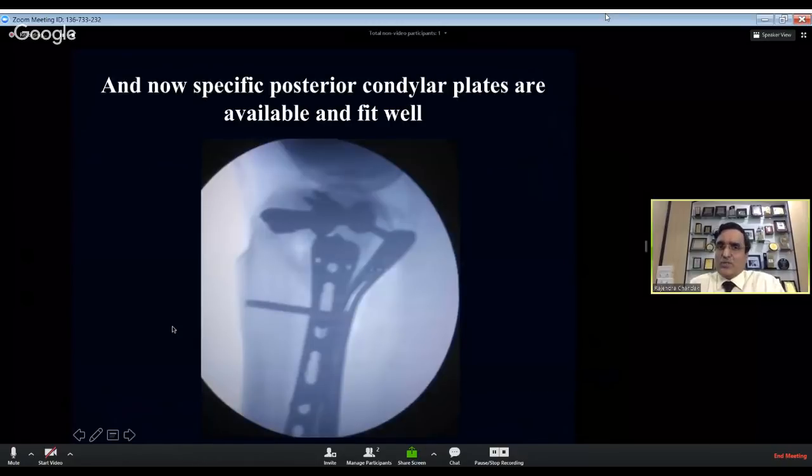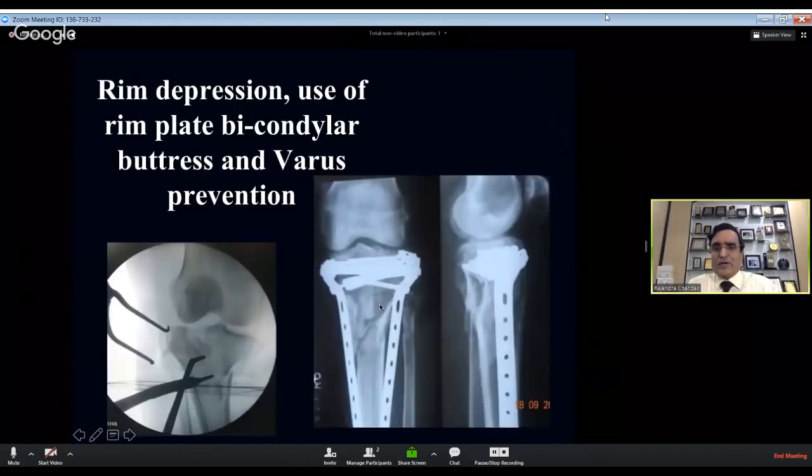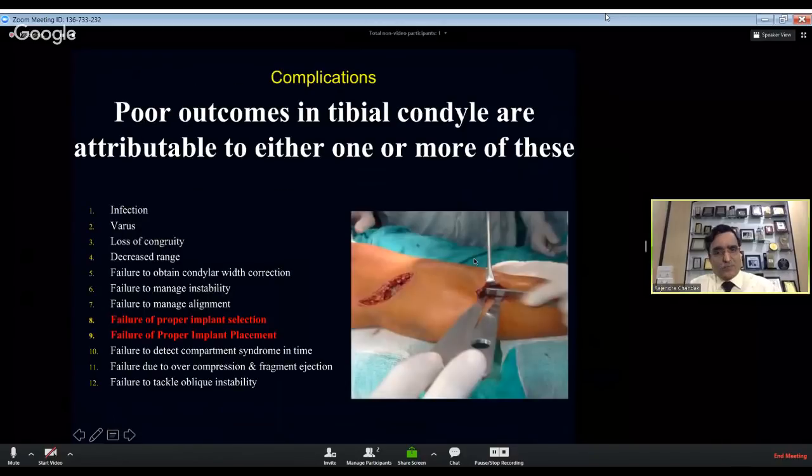Now, specific posterior condylar plates are available, and they fit the contour of the tibial condyle very well. For rim depression, at times we have to use a rim plate, as was seen here, where a simple reconstruction plate was used as a rim plate because specific plates were not available.